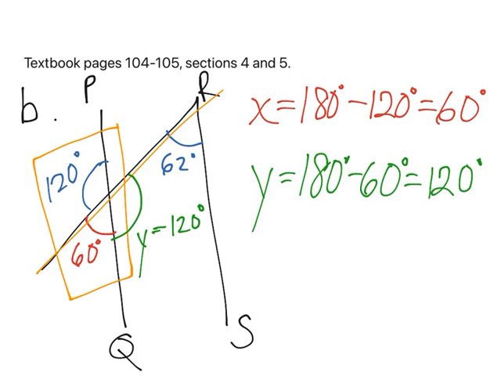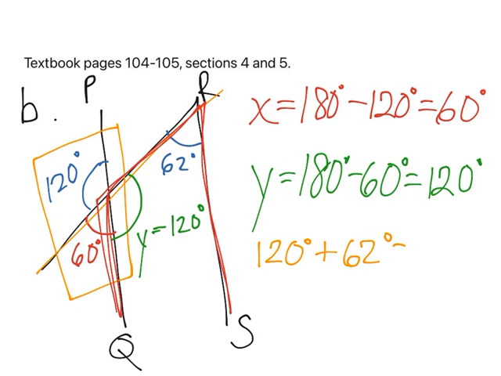Here we've got our interior angles. We know that interior angles must equal 180 degrees. So we need to add them together: 120 degrees plus 62 degrees.